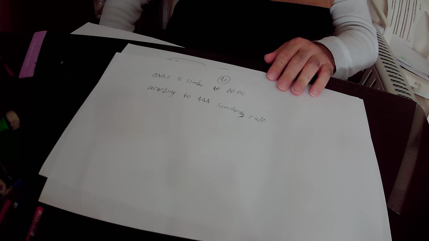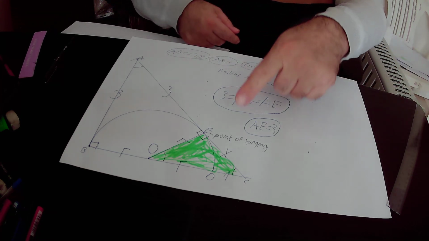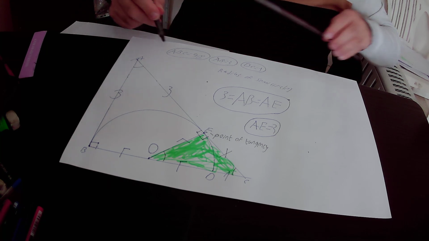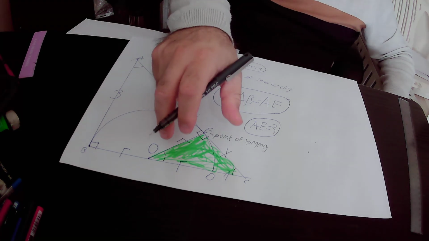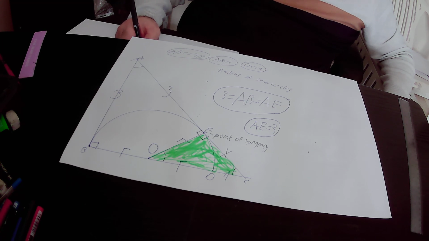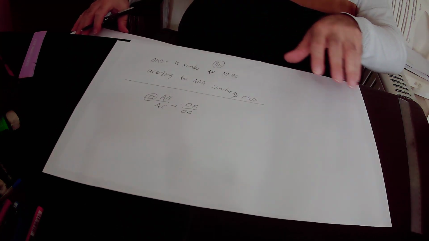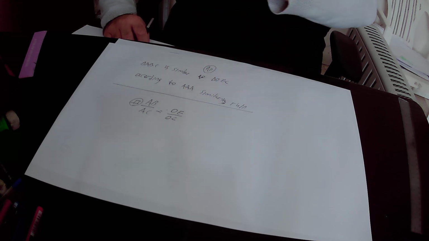So from the fact that triangle ABC is similar to triangle OEC, we will conclude that AB over AC in triangle ABC equals OE over OC in triangle OEC.